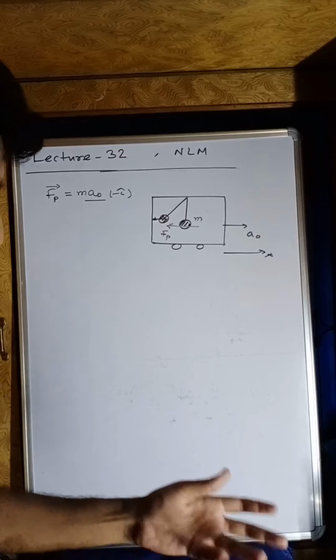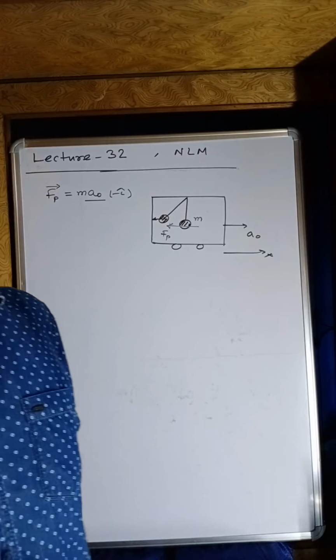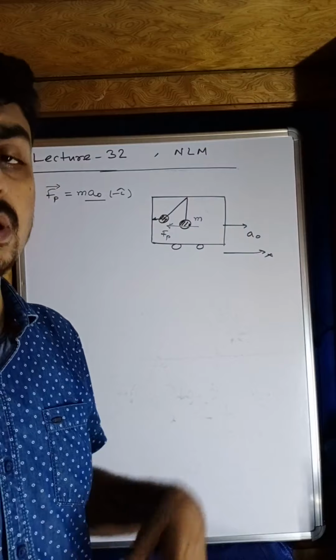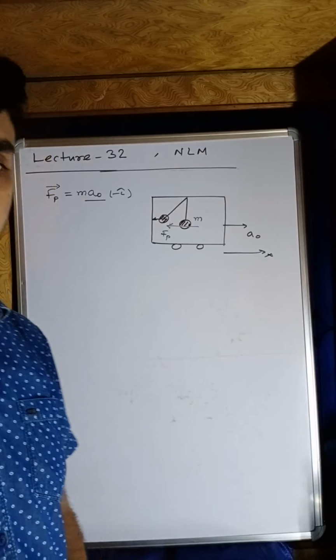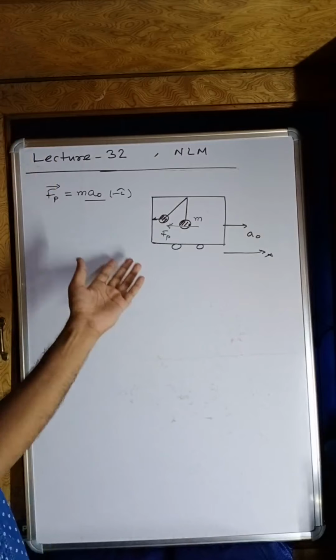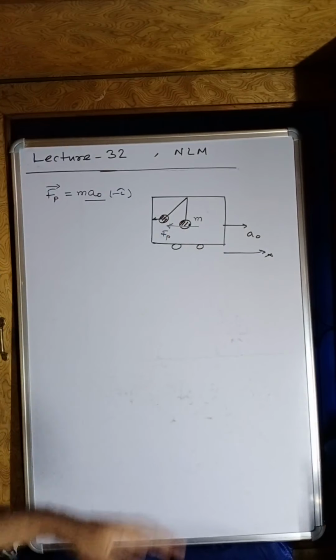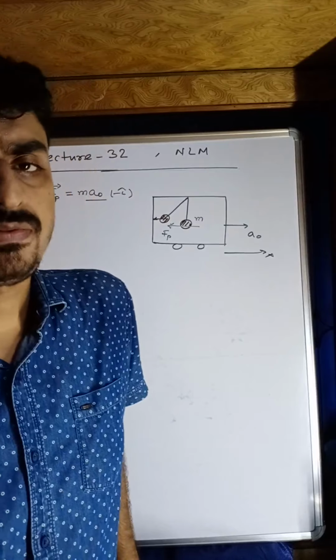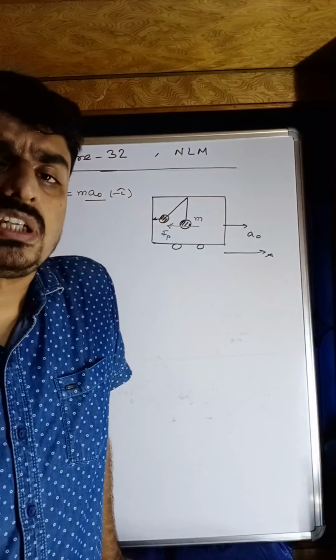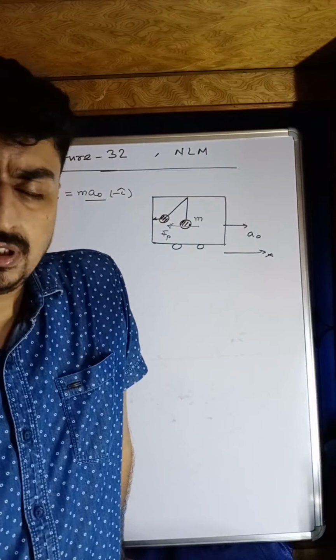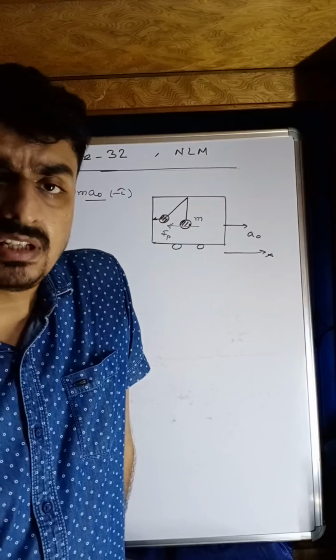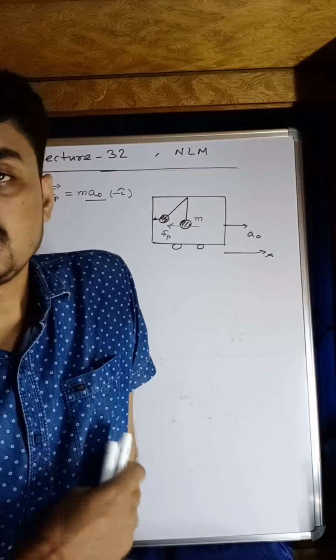We have also studied that we cannot apply Newton's laws of motion in a non-inertial frame. We have studied the two types of frame, inertial and non-inertial. All the three Newton laws, the first, second and third law, are applicable in an inertial frame of reference. What does the inertial frame of reference mean? Inertial frames are those which have no acceleration, that is, the velocity is constant or the acceleration is 0.